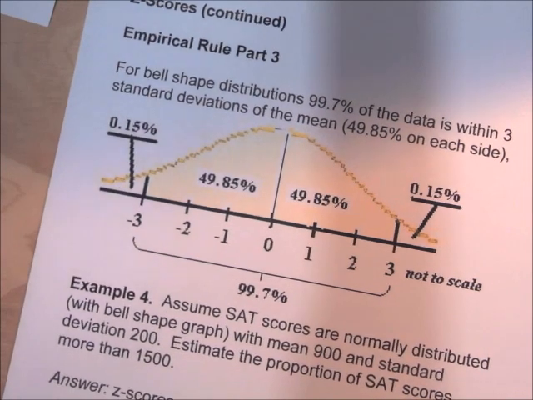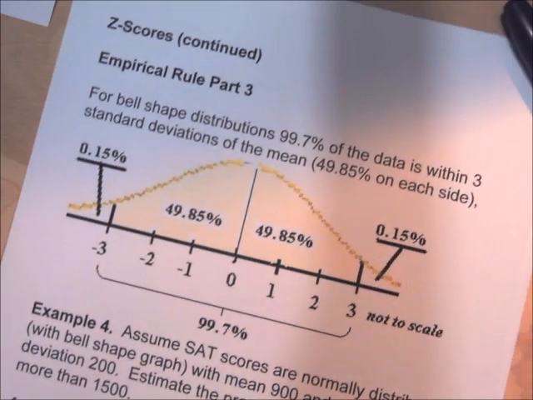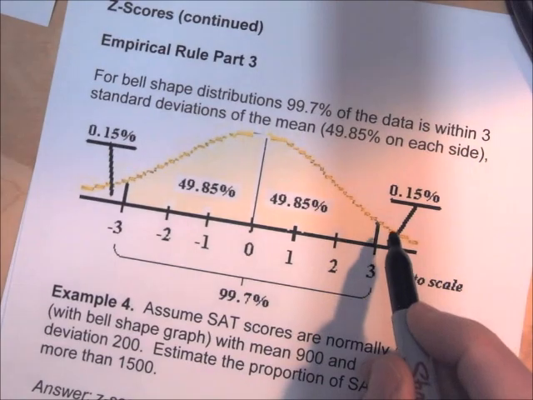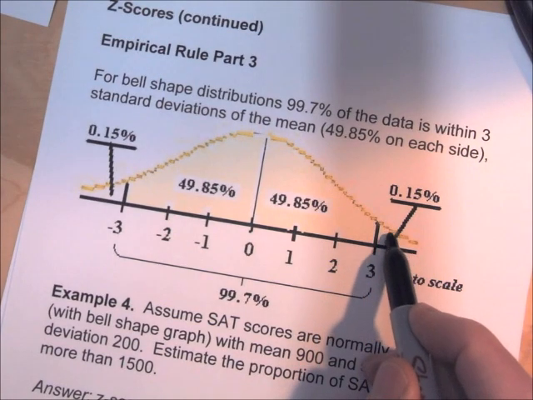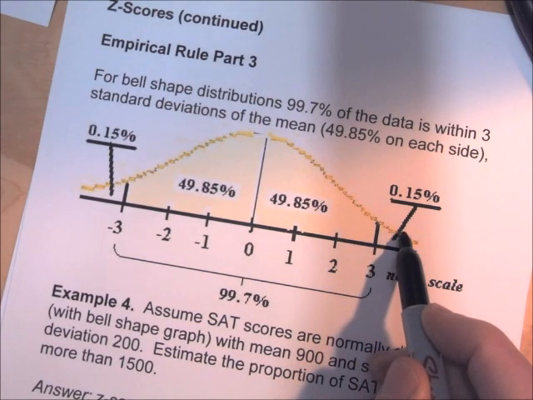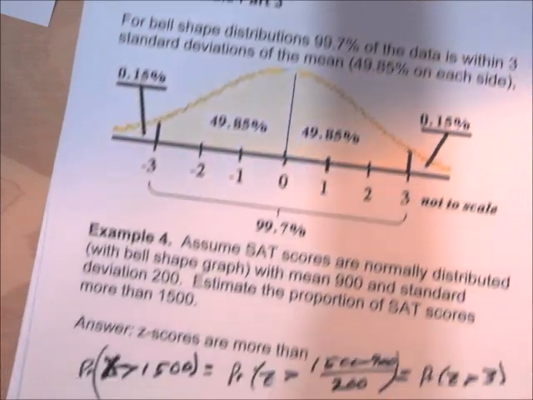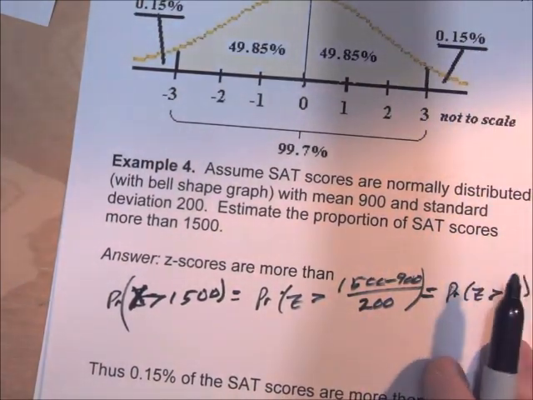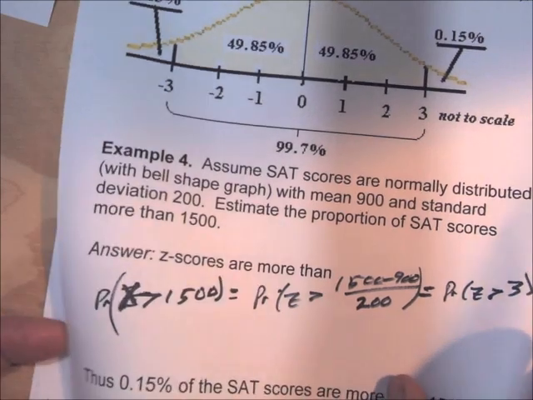And this is going to be the probability z greater than 3. So that's going to be the right tail here. That's going to be the 0.15%. 0.15% of the SATs are more than 1500.